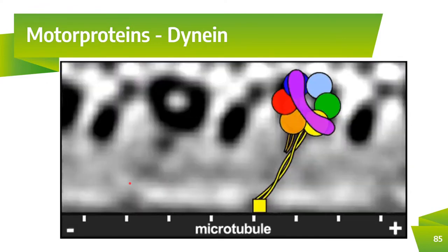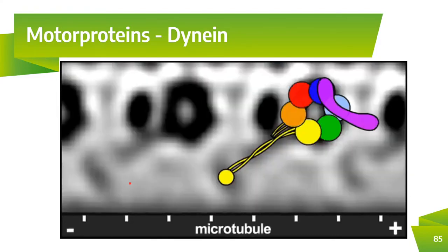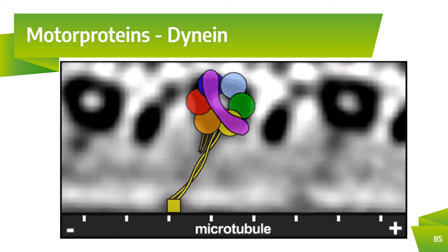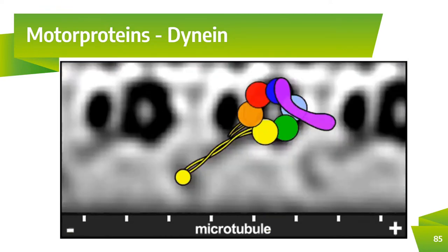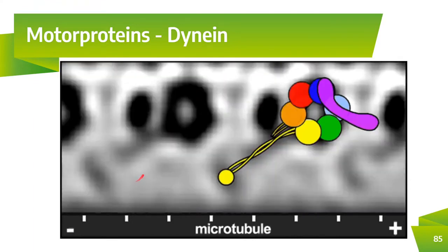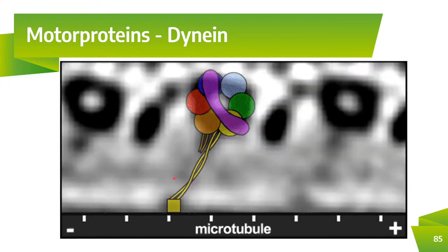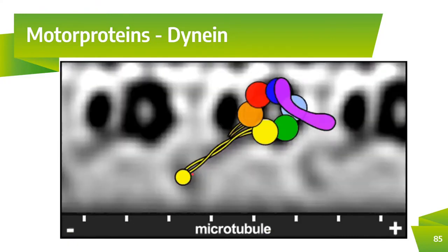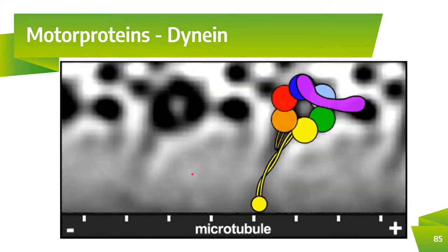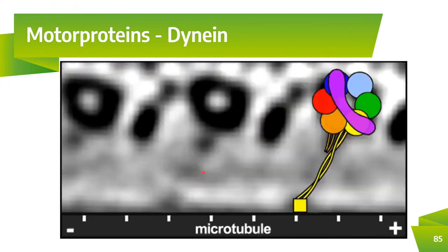But if you have a lot of them, you're actually able to fit the model with quite good accuracy into this kind of shadow. Right? And they can confirm how this conformational change is then also moving the whole row of dyneins to the left. Plus minus, right? Opposite of kinesin.